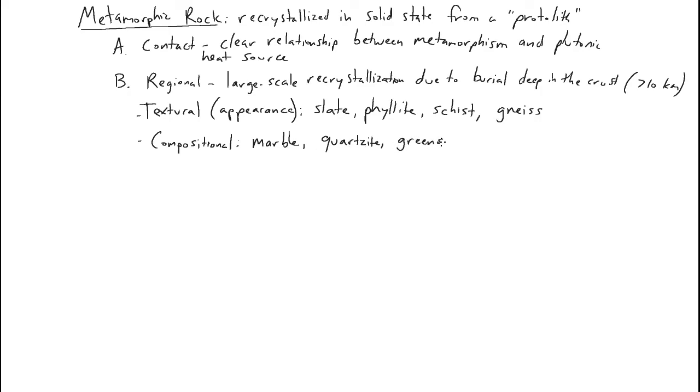We have green schist and blue schist, and amphibolite. Three of these are metamorphosed basalt. But depending on the degree and the conditions of metamorphism, it has different names.